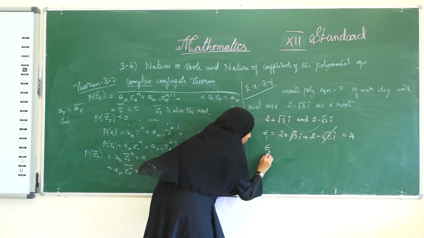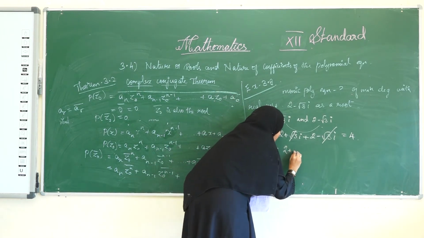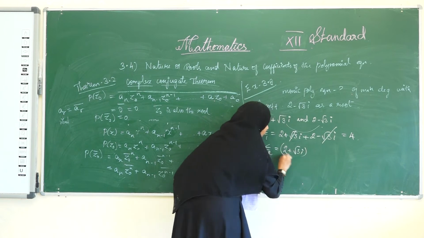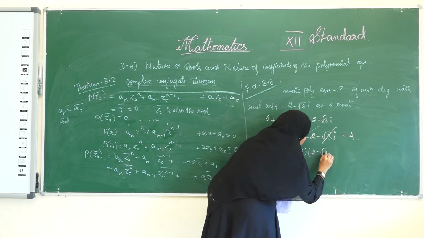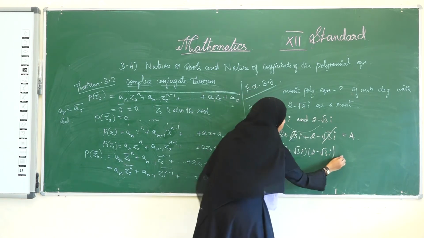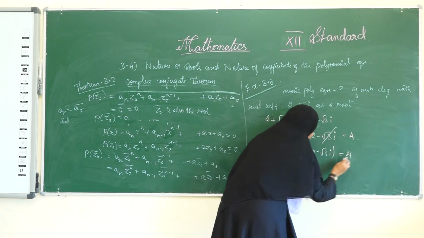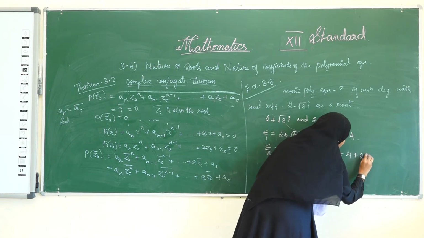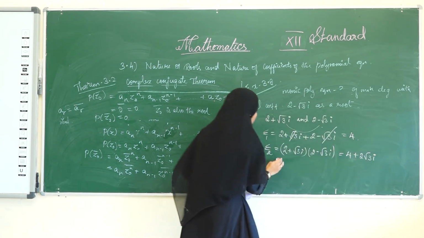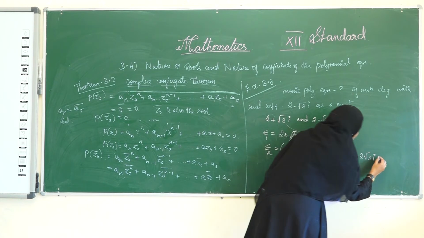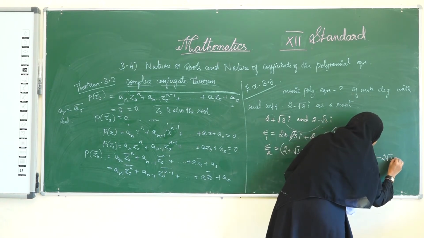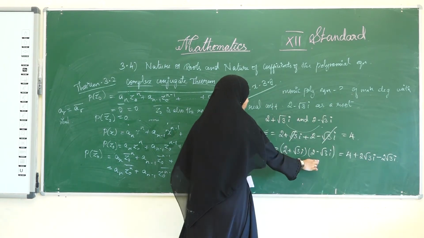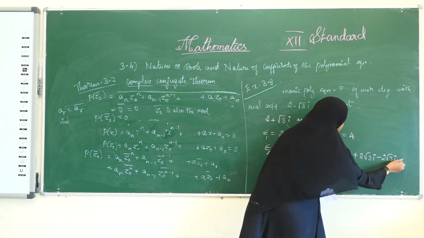Again summation 2, that is the product of the roots. 2 plus root 3i into 2 minus root 3i. When we multiply these both, 2 into 2, 4. And then here is minus 2 root 3i, and then on multiplying this, we get plus 2 root 3i. At last, see this term, plus into minus, minus.